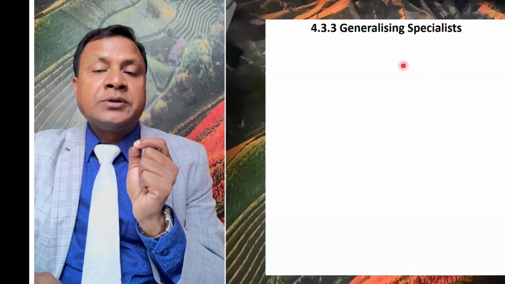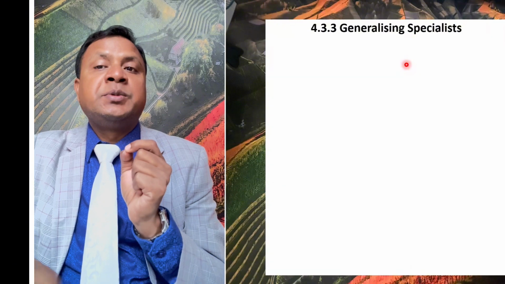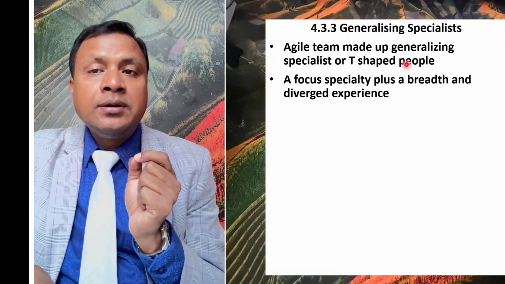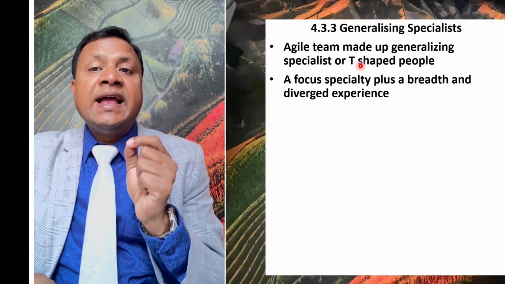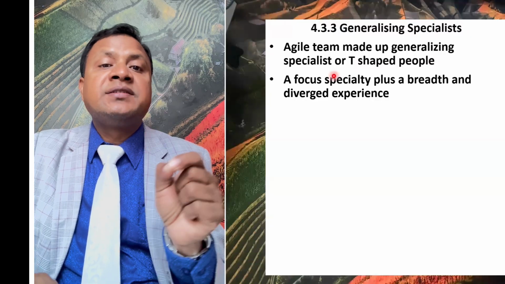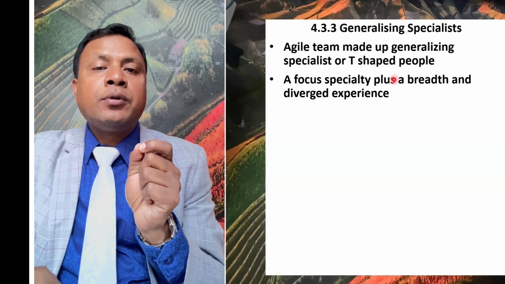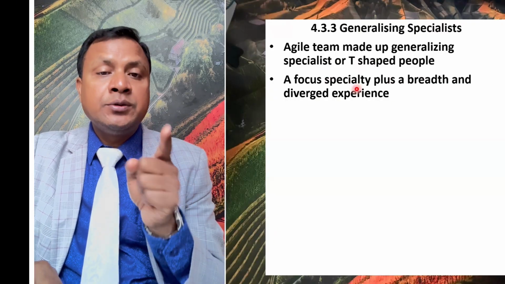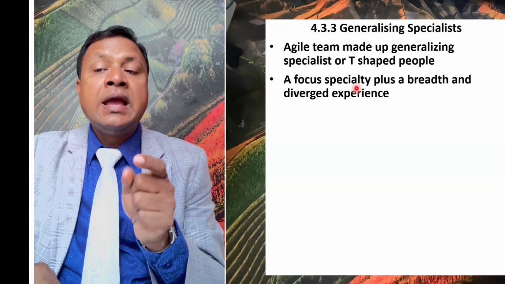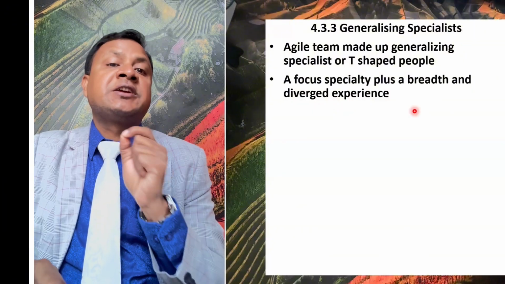And in an Agile team, we generalize the specialist. What does it mean? It means an Agile team is made up of generalizing specialists, or T-shaped people. T-shaped people focus on a specialty in one sector, one issue, plus a breadth of diverse experience.